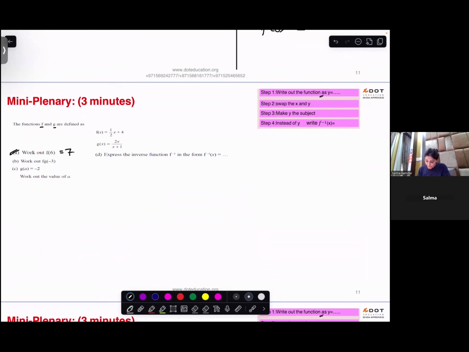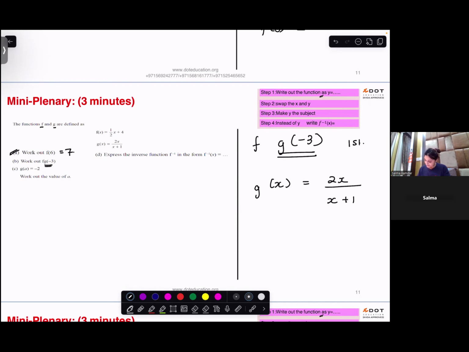f of g of minus 3. Okay, so first I will find the value of g of minus 3. I have g of x given to me. G of minus 3, I'm writing over here a little big. First I will find the value of g of minus 3. I have g of x is 2x over x plus 1.